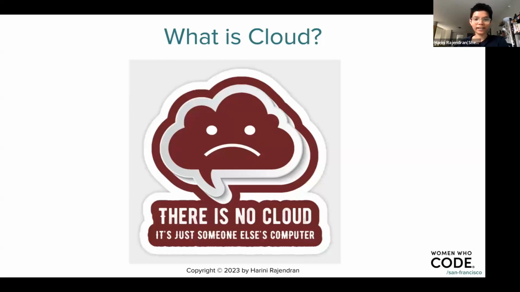So at the end of the day, the word cloud computing sounds so fancy, but it's the same set of computers running the same set of software, the operating system and everything. It's just that we don't own the computer, and the computer doesn't sit inside our office or our home, but rather it sits in someone else's real estate. So it's just a matter of ownership.